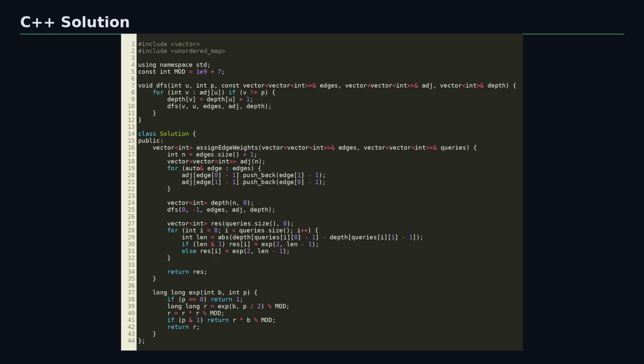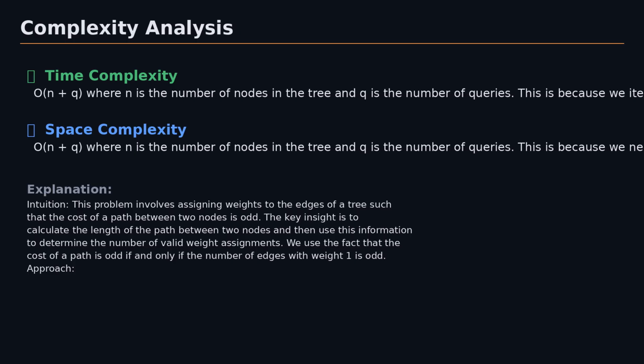We first build the adjacency list and assign depths to each node. Then, we iterate over each query and calculate the length of the path between the two nodes. We use the function expo to calculate 2 to the power of len-1, which gives us the number of valid weight assignments. We use modular exponentiation to efficiently calculate the result modulo 10 to the power of 9 plus 7.